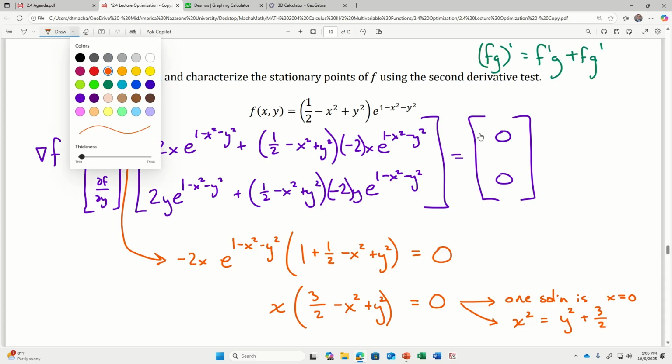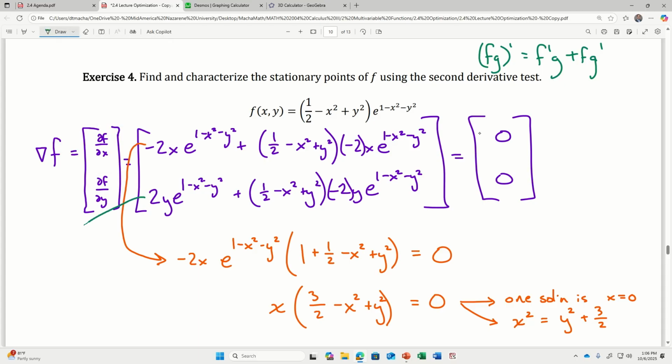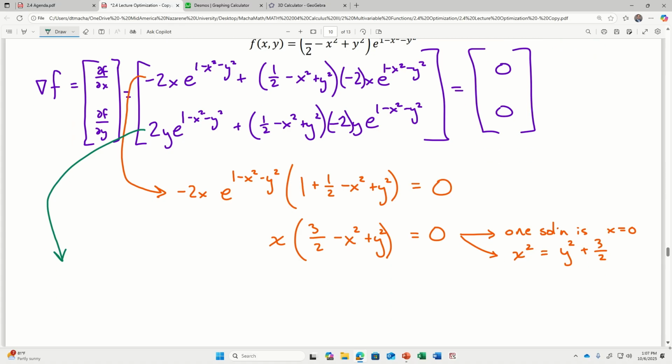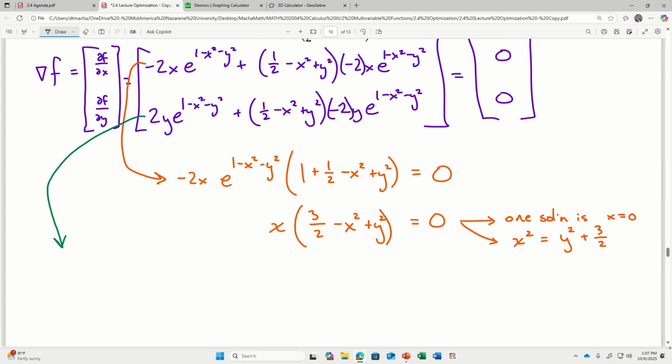All right, now let's take a look at the second entry in this gradient vector. See what happens if I simplify that and set it equal to 0.